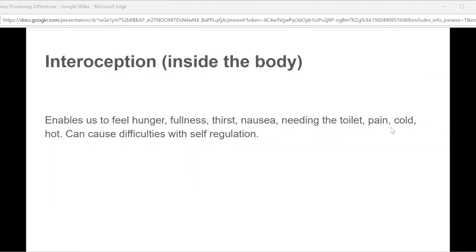Cold and feeling hot. So again, you might see children in the winter just wanting to wear shorts and t-shirts, who don't seem to feel the cold. And then in the summer, you might get some children that want to wear sweatshirts or coats all the time because they don't seem to feel hot. And it can cause difficulties with being able to self-regulate.